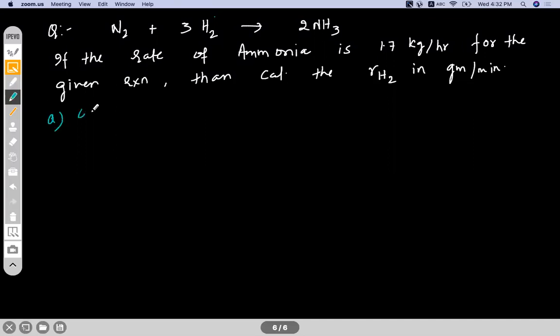Okay, how many of you are getting 42.5 gram per minute? One, two, three, four. Okay, so most of you have got 42.5, correct.